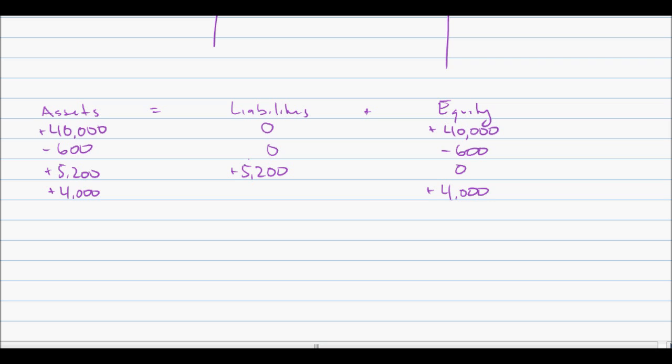The fifth transaction is that we pay off a short-term liability of $7,000. So obviously liabilities are going to decrease by $7,000 and we're going to be paying $7,000 of cash, so assets decrease by $7,000. Now the sixth transaction is declaring a cash dividend of $5,000. So again, assets are going to decrease by $5,000 and equity is going to decrease by $5,000.